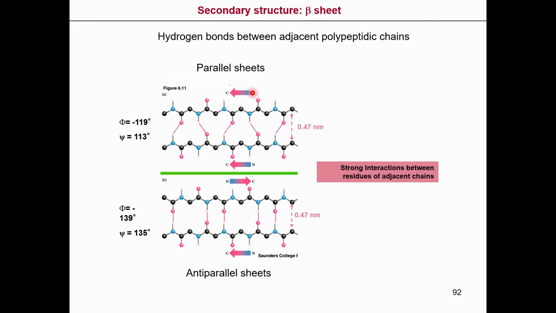It means that the direction of the peptide from the N to the C is parallel, like the top of the figure. Or you can have an anti-parallel sheet. It means that the polypeptide chain goes from the N to C, and after the N to C from the left to the right, and after from the right to the left. Okay? And you have the hydrogen bond between the CO and the NH, nitrogen and H. Okay?